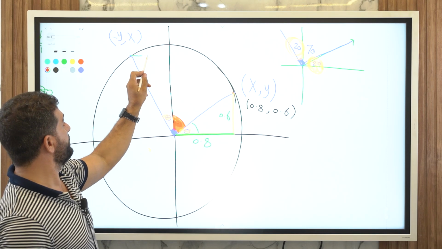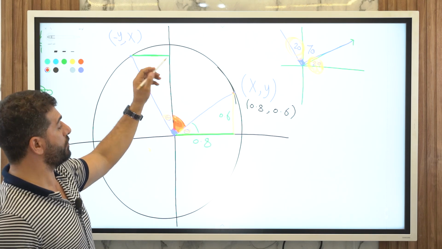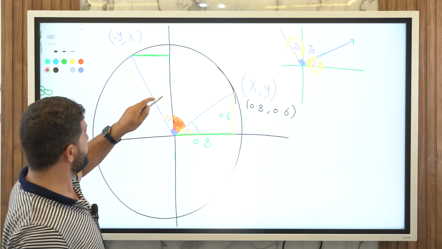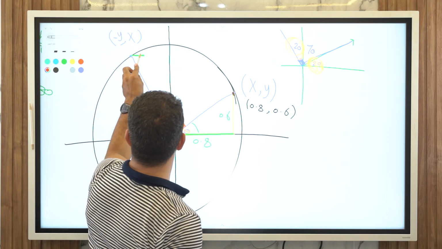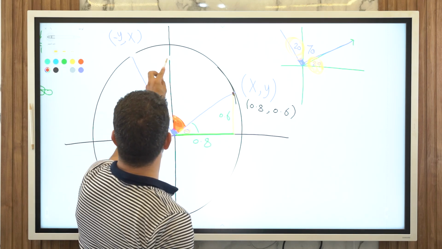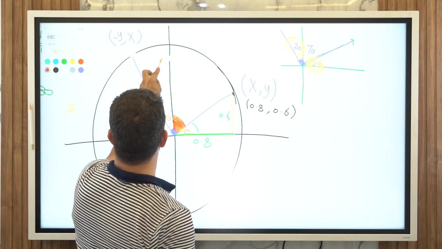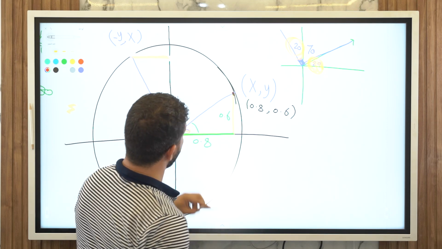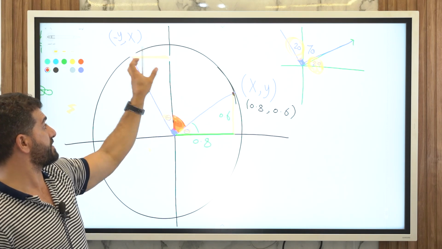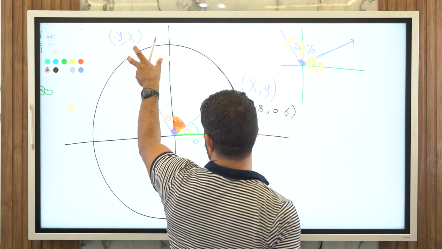Here you will find, because the two triangles are congruent, that this length here, I said this length here is 0.6, and the length here is going to be what?